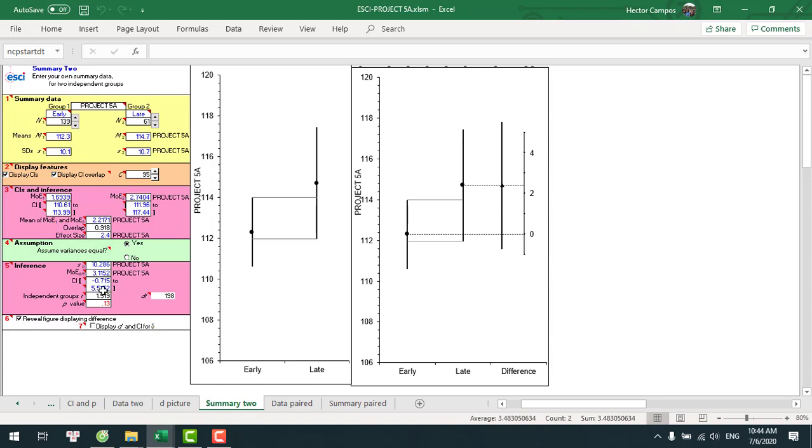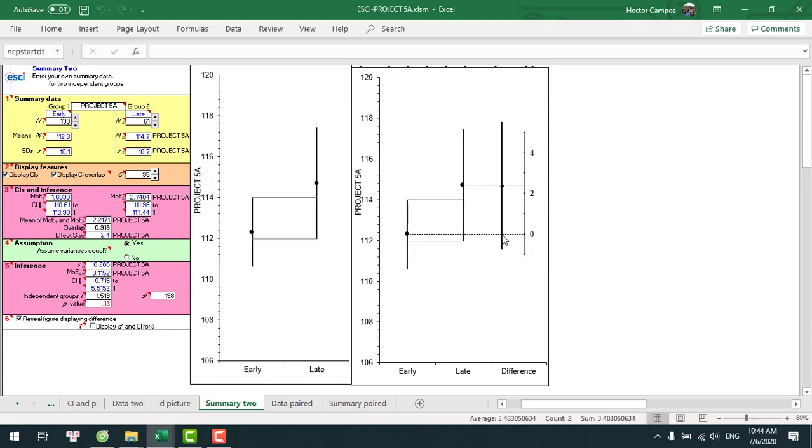Yes 0 means yes H0, or yes H null. So in other words, we accept the H null. You can see that the confidence interval for the difference actually goes through 0. If we go through 0, then the two means are equivalent in that sense.